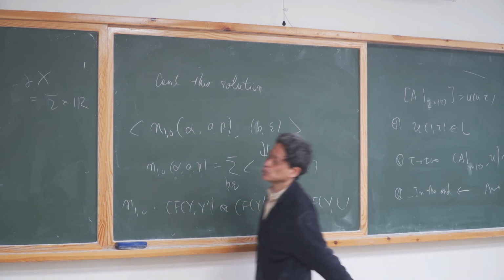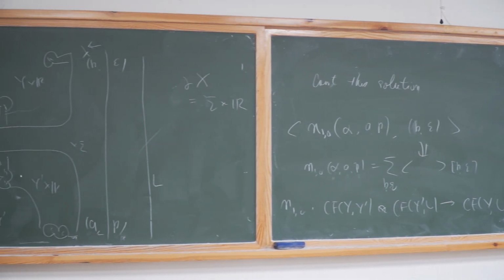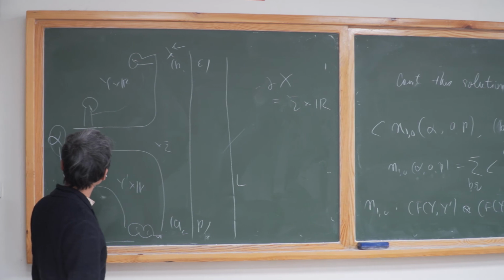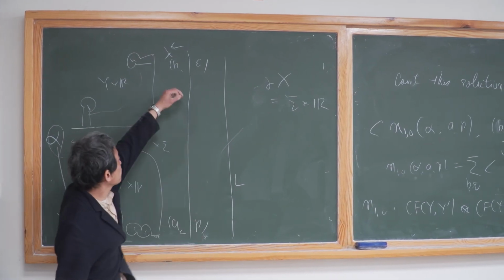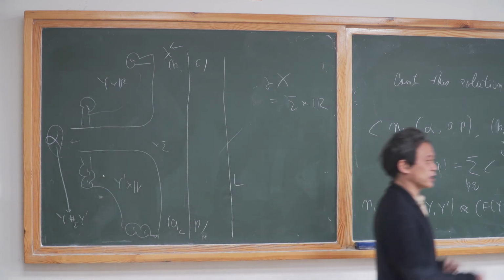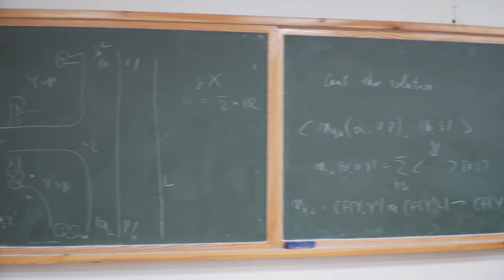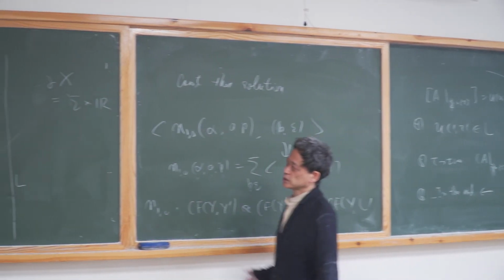You consider the case of a one-dimensional moduli space, and then there are three ends, which is called sliding ends. One goes to this infinity, the other goes to this infinity, the third one goes to this infinity. So you can prove that this is a correct left module structure. Then you can do the right module structure in a similar way.